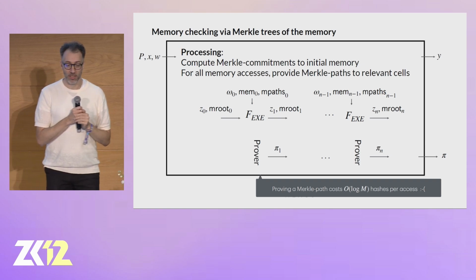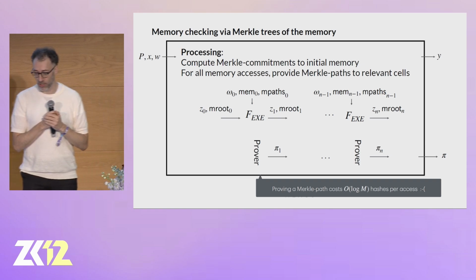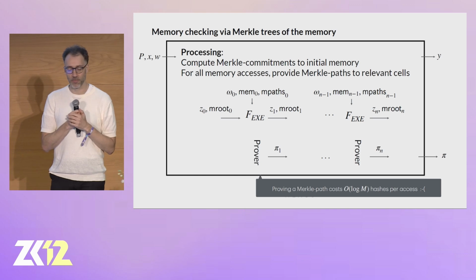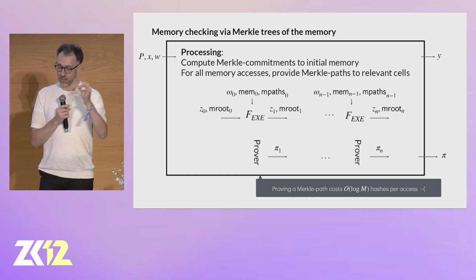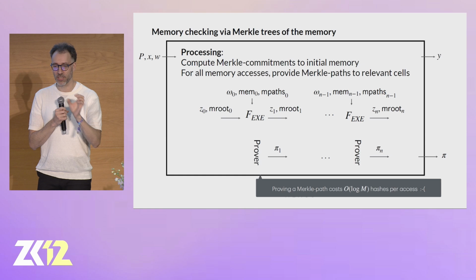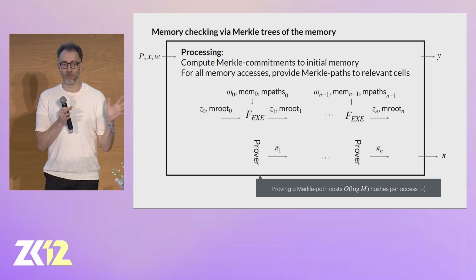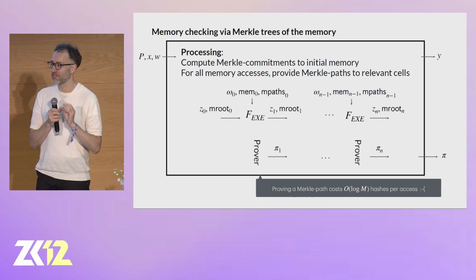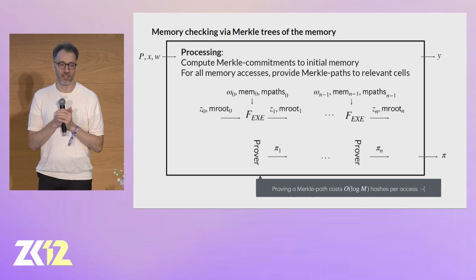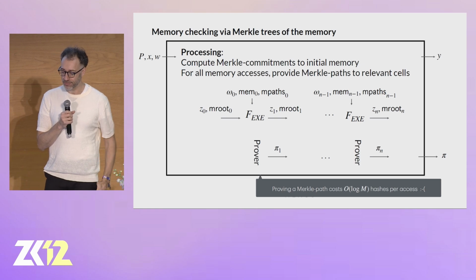The cost is the logarithmic size of the memory, the length of this path, and you have to check each of those. If it's a large memory and you're only doing a few memory accesses, then that's going to be cheaper than having constraints for the full memory.